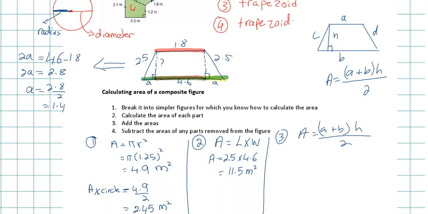It's going to be 2.1. No, this is B. So now I found the height of my trapezoid.